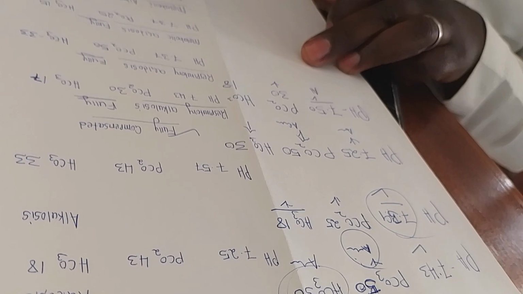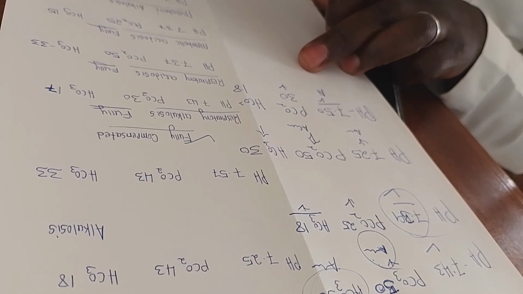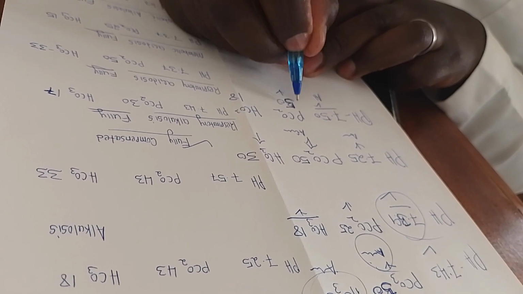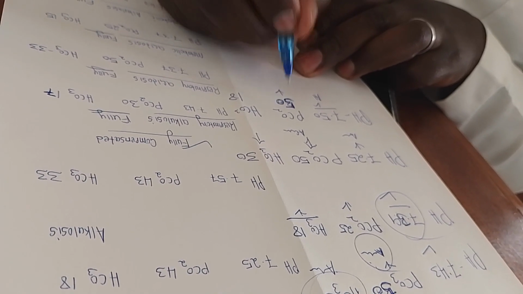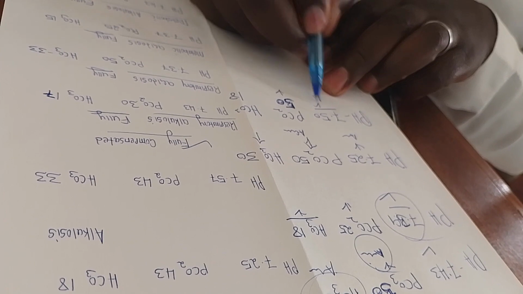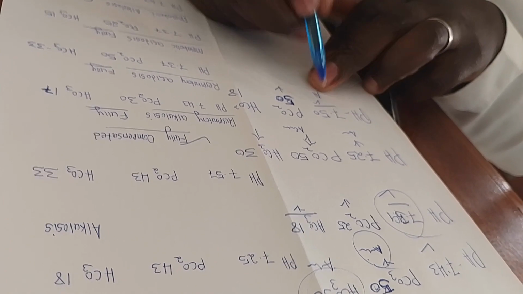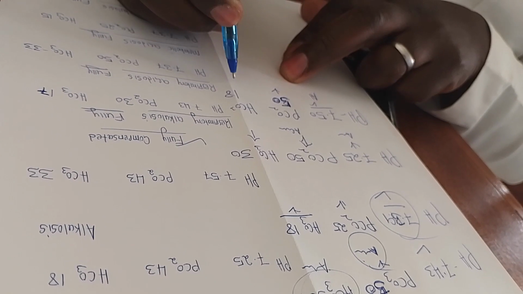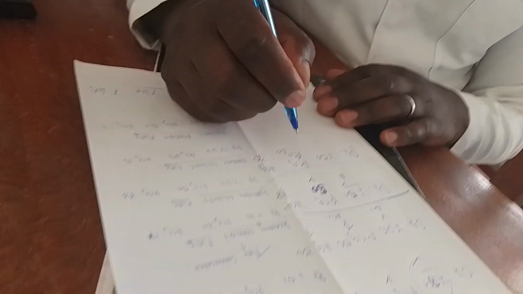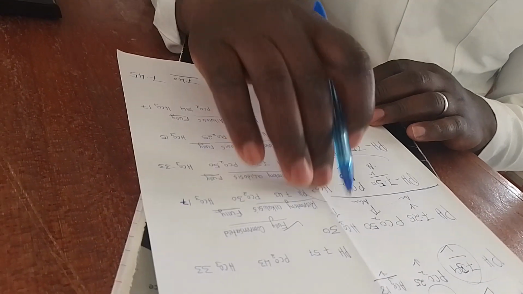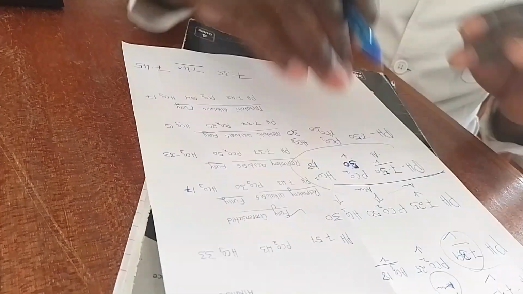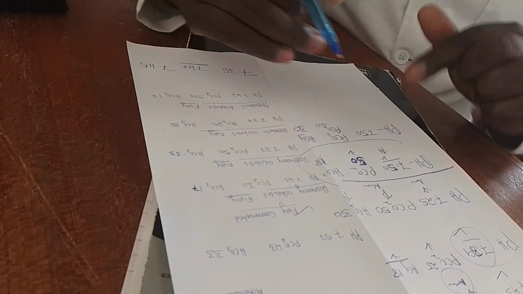Let me correct this one first. This one should be 50, so that it shows it's trying to correct. So pH is 7.50, PCO2 is 50. The first example will not give you ideal results, but let's now write again.